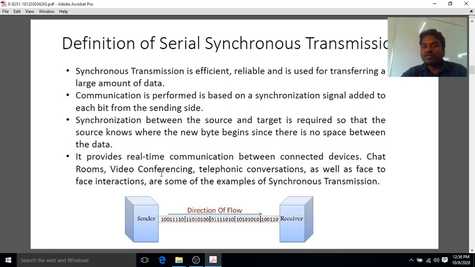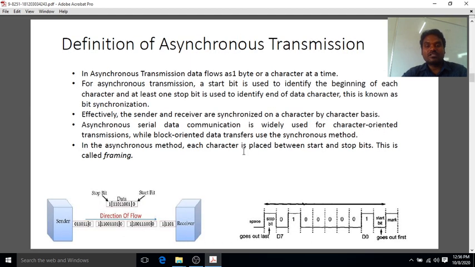Chat rooms, video conferences, telephonic conversations, as well as face-to-face interactions are some examples of synchronous transmission. All these are examples of serial synchronous data communication.